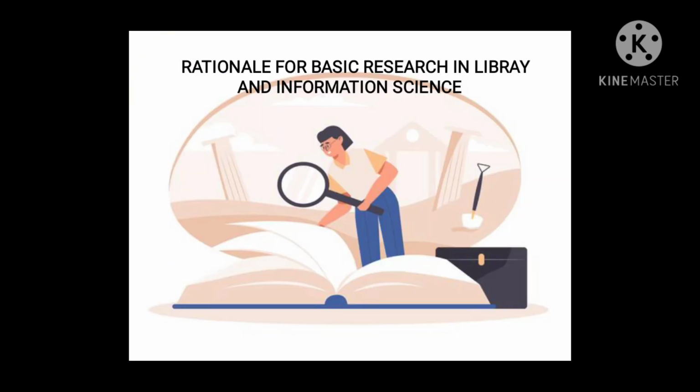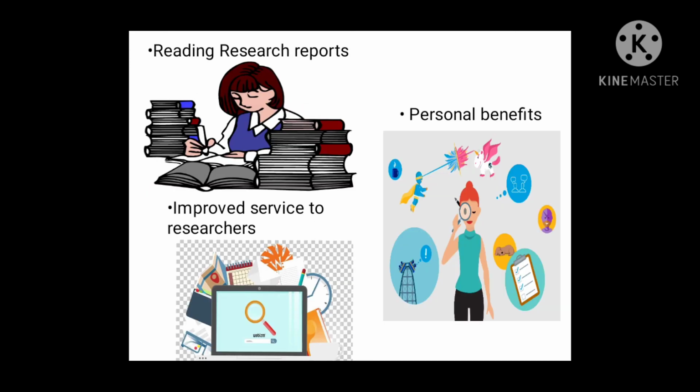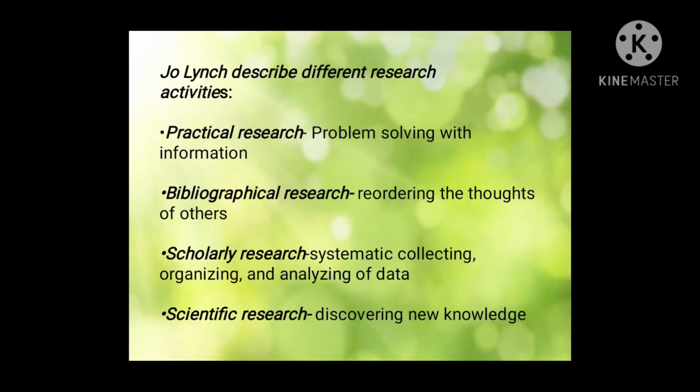So we have here the rationale for basic research in library and information science. First, the growth of the profession. Next, management. Next, reading research reports, improved service to researchers, and lastly, personal benefits. Jolnich described different research activities: practical research, bibliographical research, scholarly research, and scientific research.